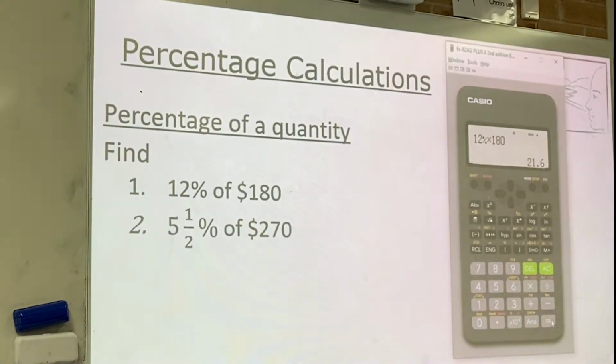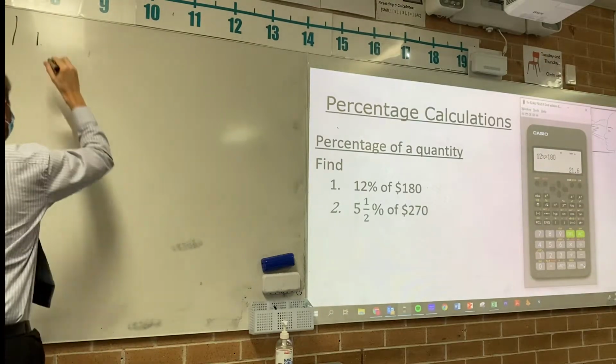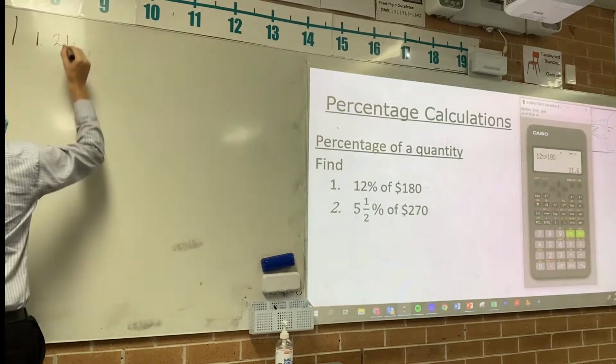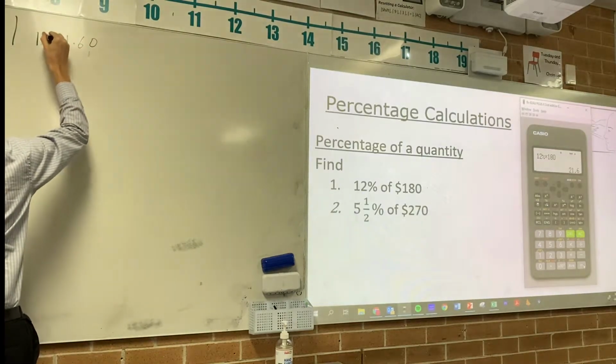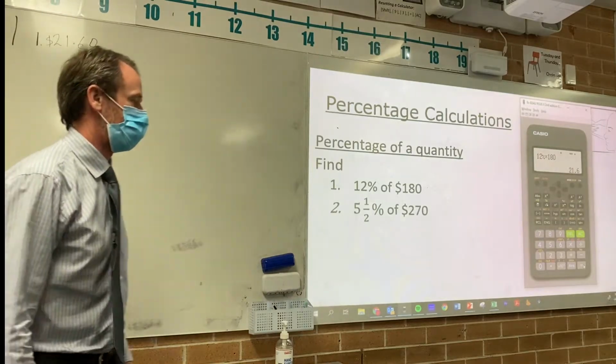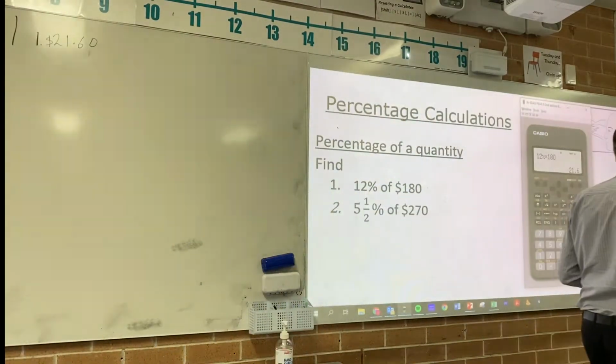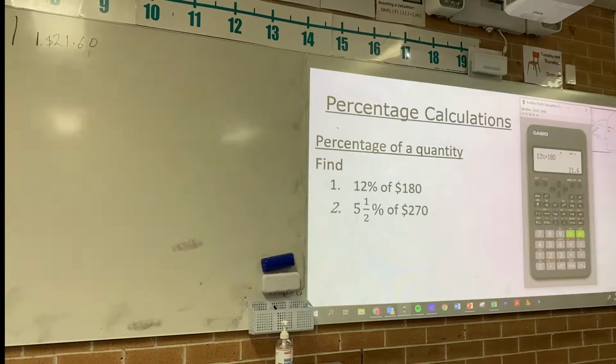Just press that, press equals, and look at that. Question 1 here, I'll just write it over here so you can see it. The answer is 21. But notice the question, it's $180, so it's going to be $21.60. It's that straightforward, just type it in as you see it.